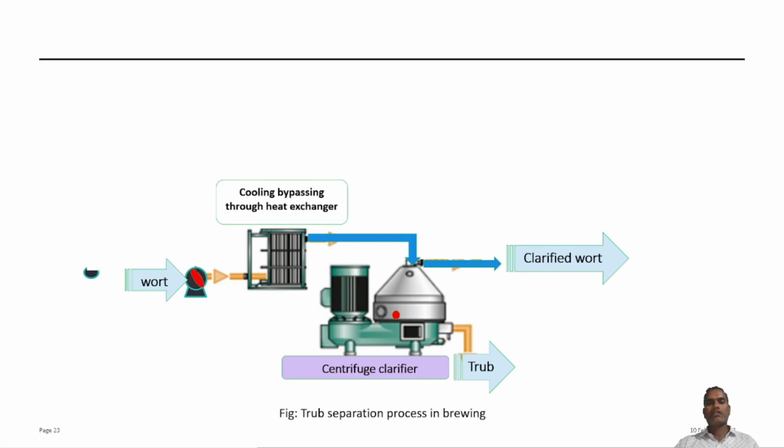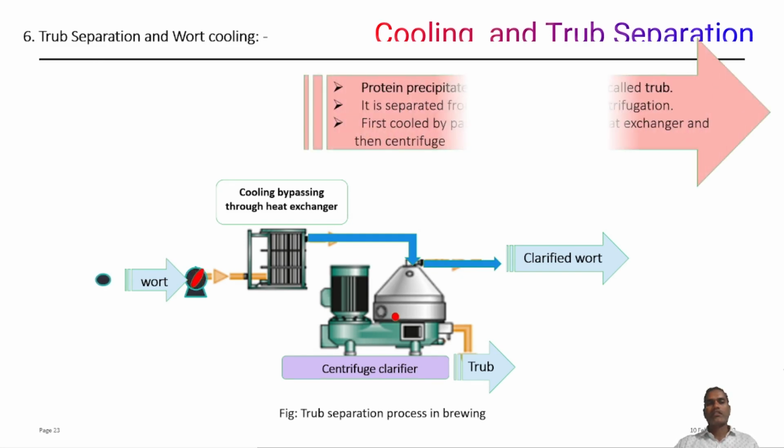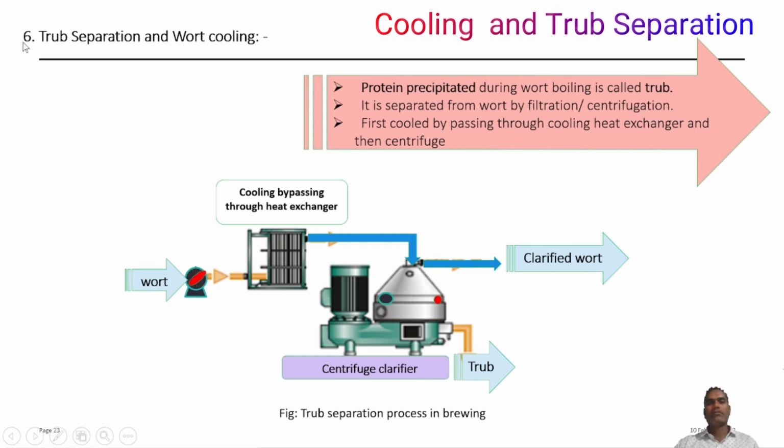Next, after the brew kettle boiling process, comes trub separation and wort cooling. Trub separation means the precipitated particles of the wort, containing protein particles, are separated before they pass into the fermentation process.